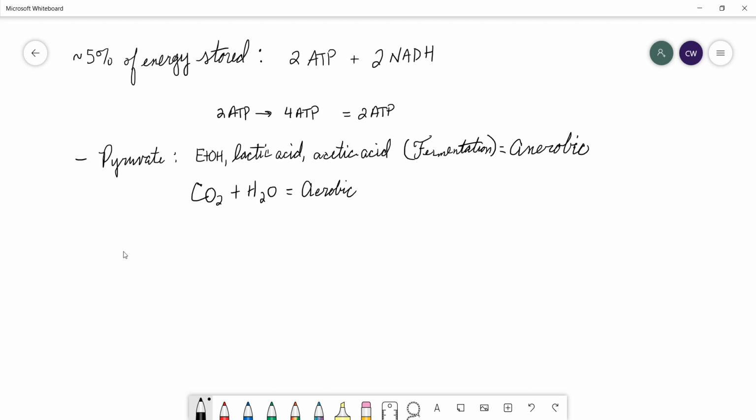So glycolysis occurs in 10 reactions and 2 stages. The first stage is phosphorylation of glucose, which we do twice, and cleavage.